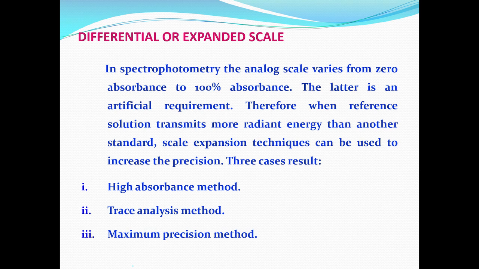Sometimes the concentration of the substance is so low that it may not be worth concentrating it between 0.2 and 0.8 absorbance, which is the normal absorbance level for all spectrophotometric methods.